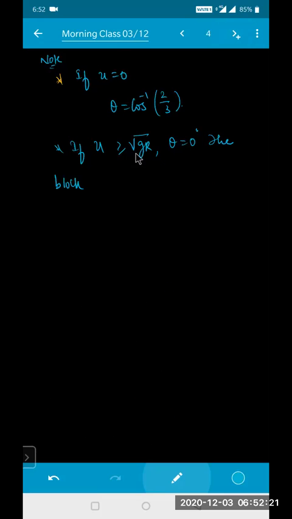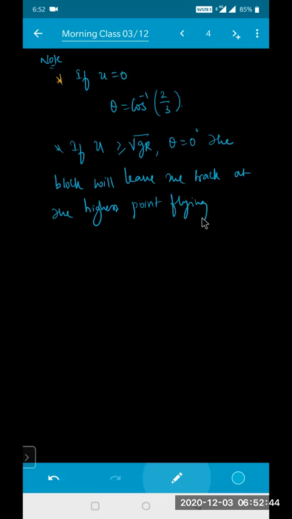So u is greater than under root of g into r, that means theta is equal to 0. The body will leave the track at the highest point. Flying in which direction, beta? Horizontal direction.